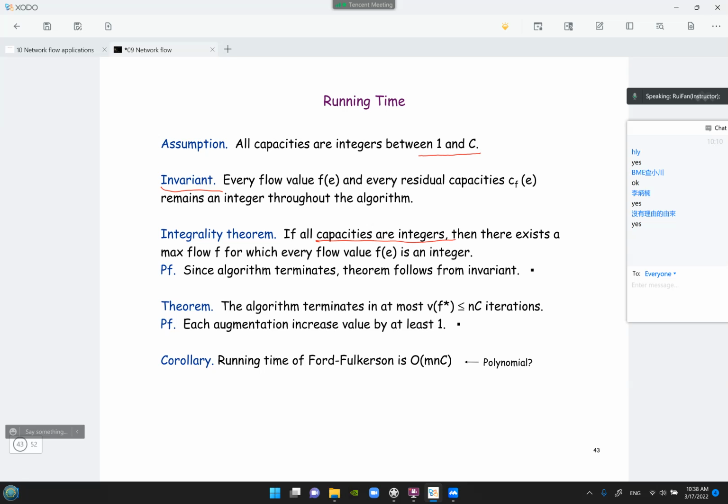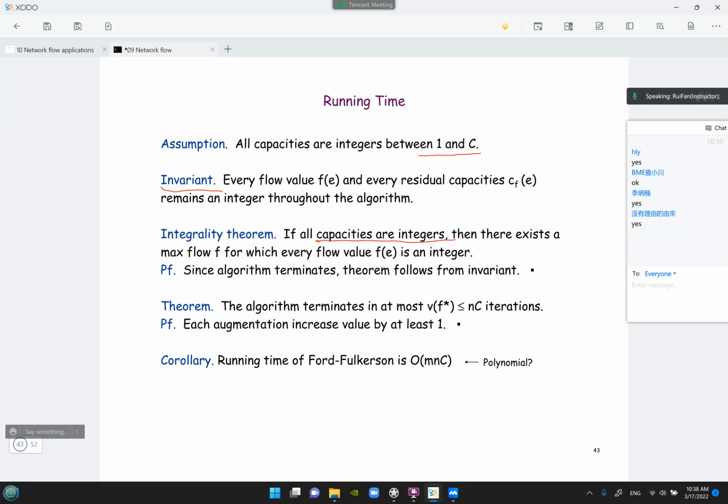Once you find that first augmenting path, you're going to reduce the capacities on some edges, and then you add these back edges and so on. But after you do that, all the capacities are still integers, because they start out being integers, and then you subtract or add another integer.